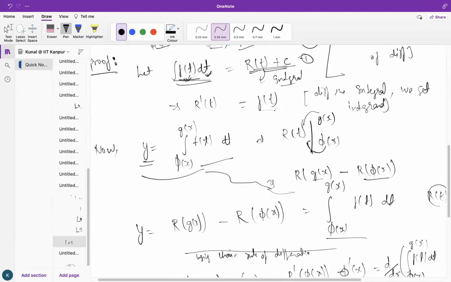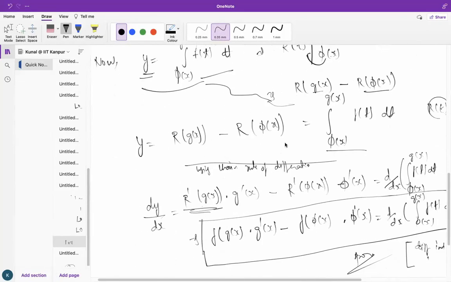Now what I'm doing here is the definite part, meaning we are inserting the limits in our function. When I substitute the limits, I get r of gx minus r of phi x, just inserting the upper and lower limits as given in the question. Then I differentiate the whole term with respect to x.